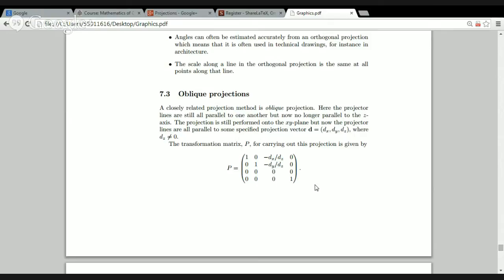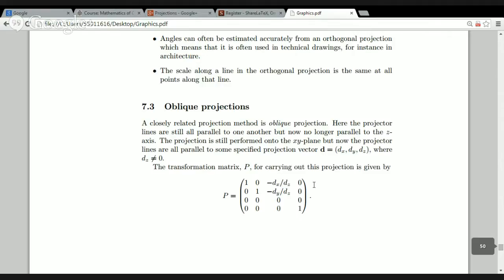So d will have coordinates dx, dy, dz, and the correct transformation matrix that we want to use is this one, okay? So we have, in that third column, these quantities, minus dx over dz and minus dy over dz in the first and second entry respectively.